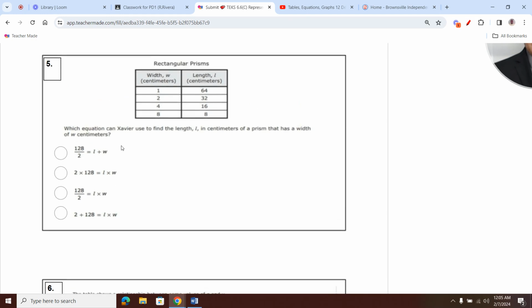There's the equations. Now I chose 5 because that's the harder one. So the way I do number 5, I'm going to go and do number 1. So this one is like number 1.